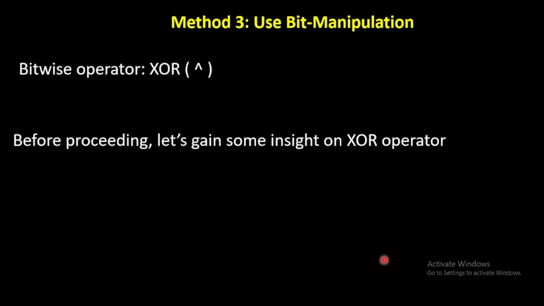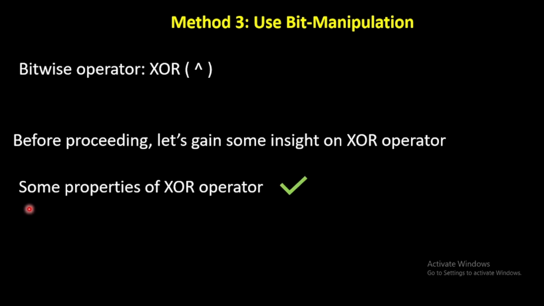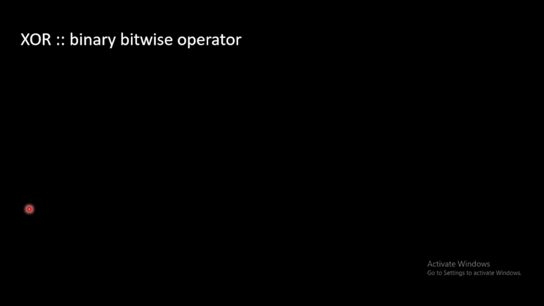Before proceeding, let's gain some insight on the XOR operator. We will only discuss some of the properties of the XOR operator, but we will not go deep into how it works. So XOR is actually a binary bitwise operator. What does it mean?